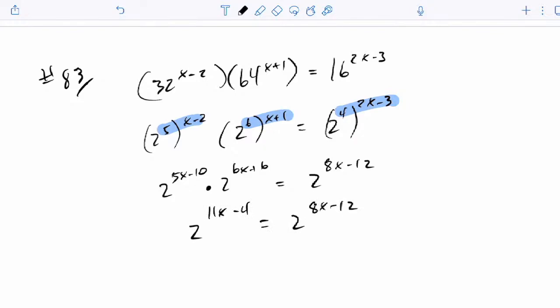And now the right-hand side is unchanged, so I can drop the base completely. And I'm getting that.